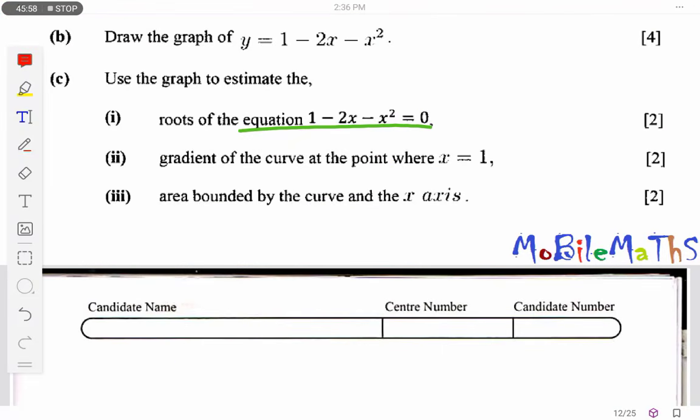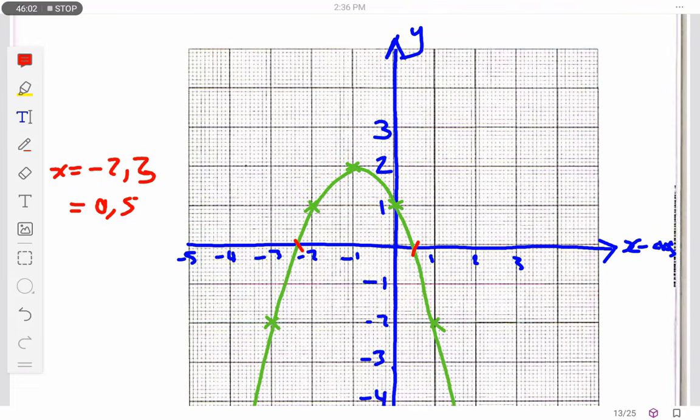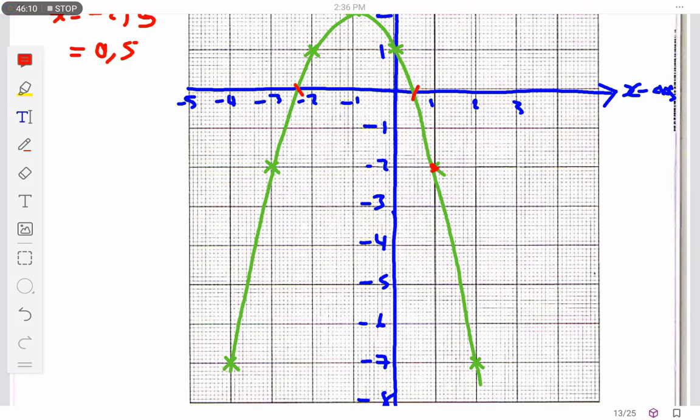The gradient of the curve at the point where x is equal to 1. So what you do, you make sure when you open your ruler, you draw in such a way that the opening here is the same as the opening on this side.